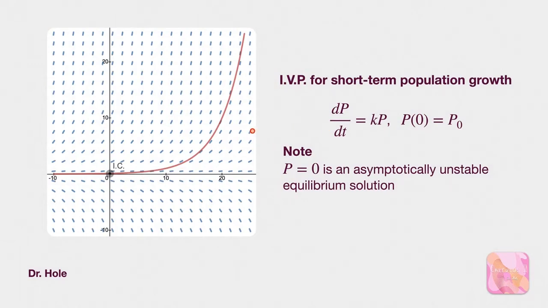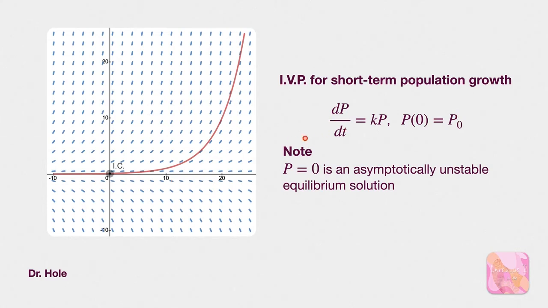So we have a direction field for the exponential model, where the rate of change of population is proportional to the population present. In the direction field, we have a particular solution sketched out that might correspond with an initial condition where P naught is a positive quantity. In terms of the model for population, it does not make sense for P naught to be negative.